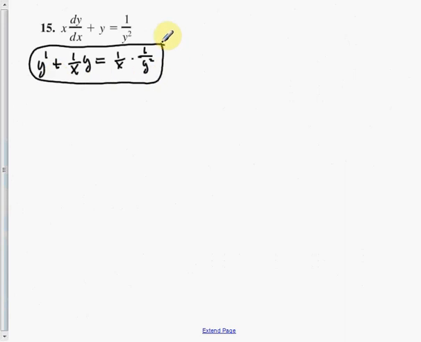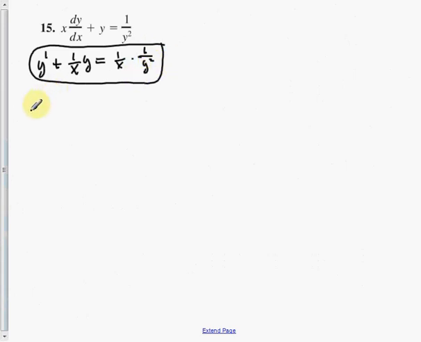So the next step says you've got to get rid of this y term on the right side, whatever that is multiplied times f of x. f of x here would be 1 over x. This is 1 over y squared. So it says divide through by that, but since it's 1 over y squared, we're multiplying everything by y squared.